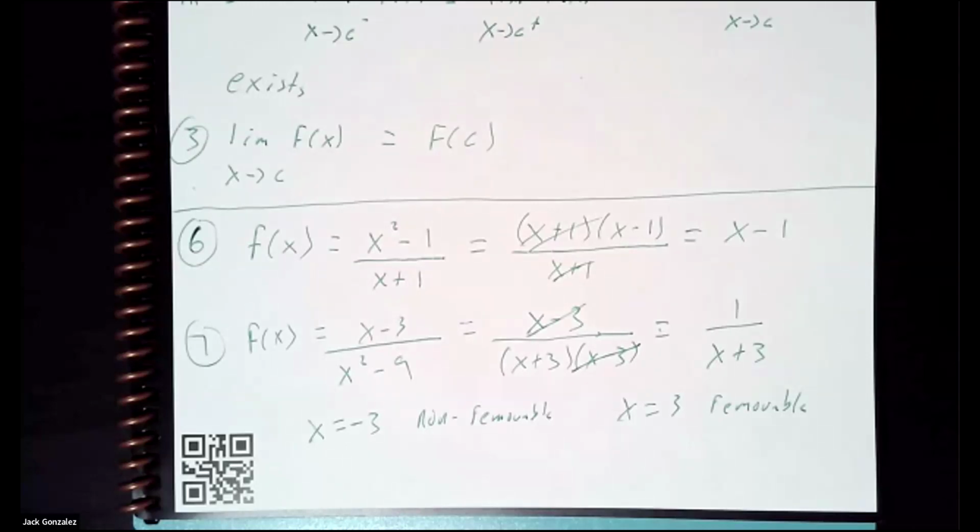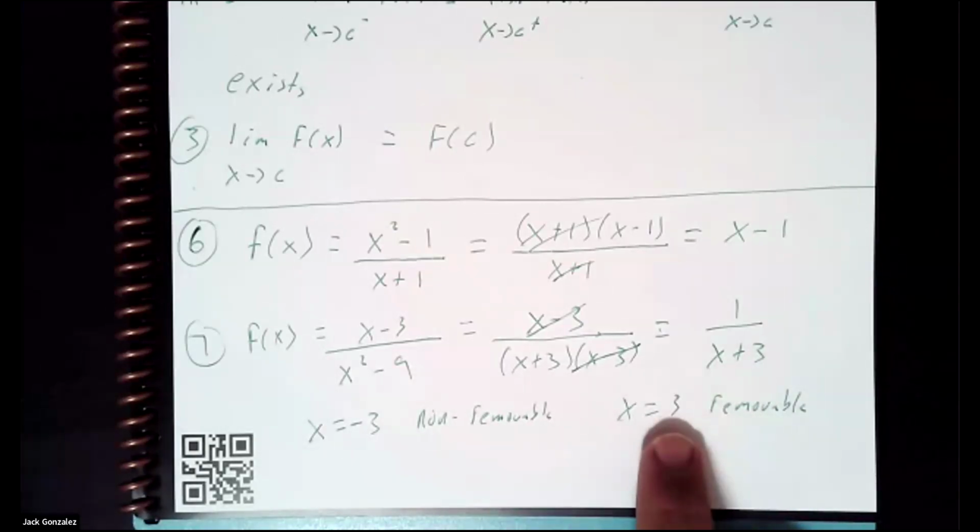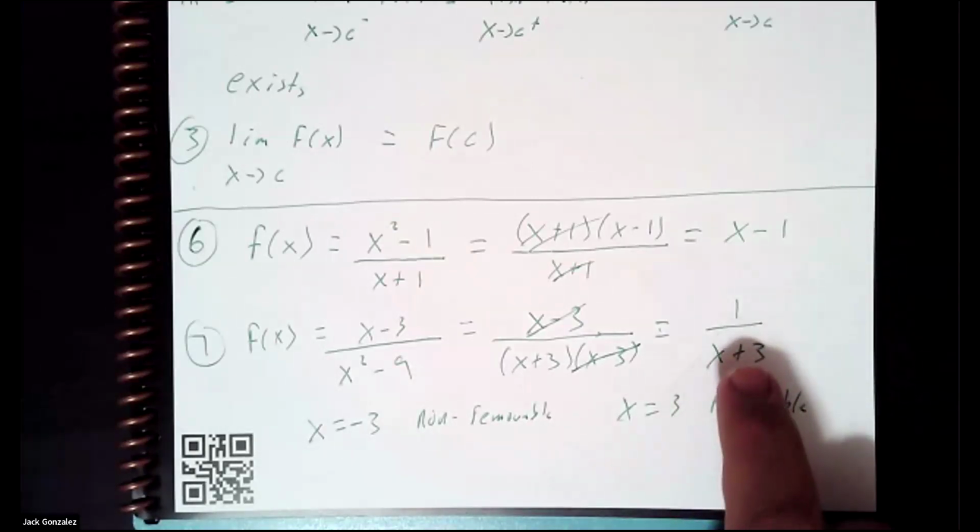So the non-removable one is the one that you canceled out. The one that cancels is the one that is removable. Right, because you are now able to plug it in, kind of, right?